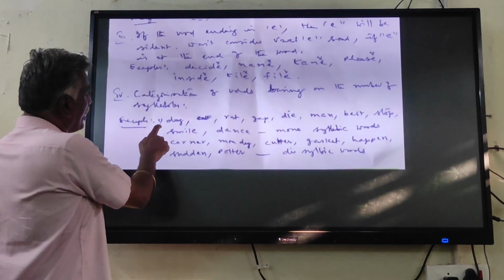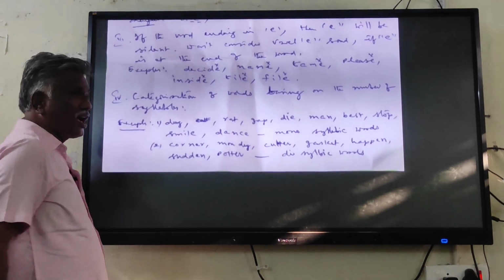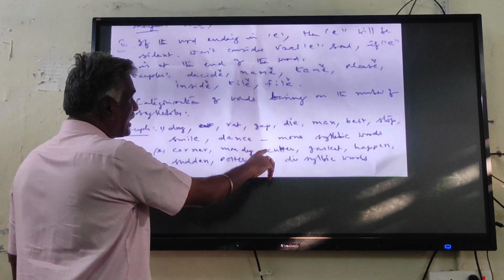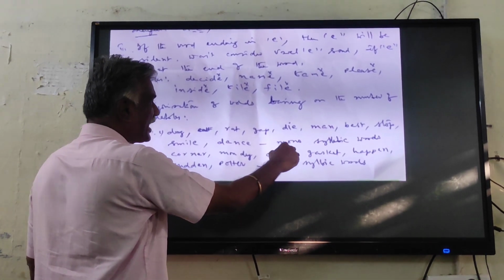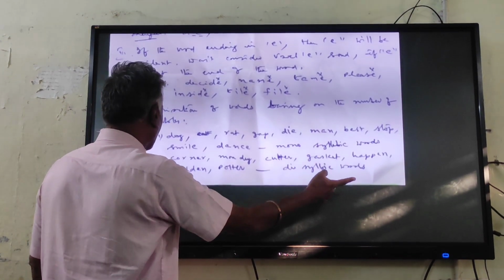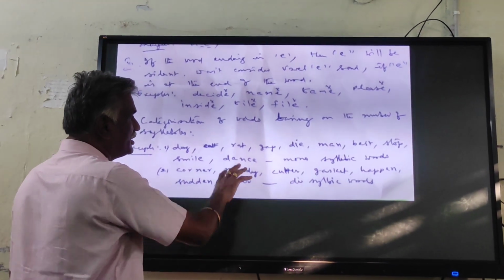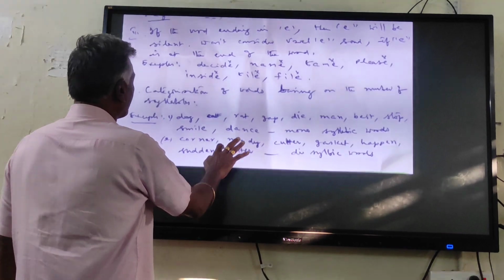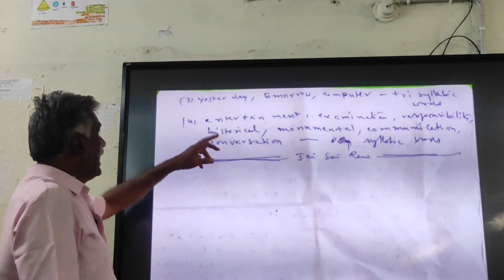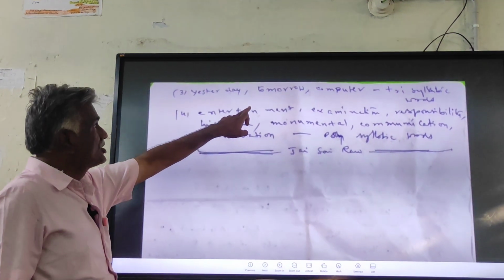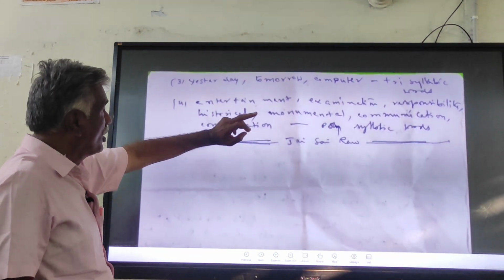Next one is corner, Monday, cutter, gasket, happen, sudden, potter. These are all disyllabic words. Trisyllabic words. Yesterday, it has three syllables. That's why it is a trisyllabic word.